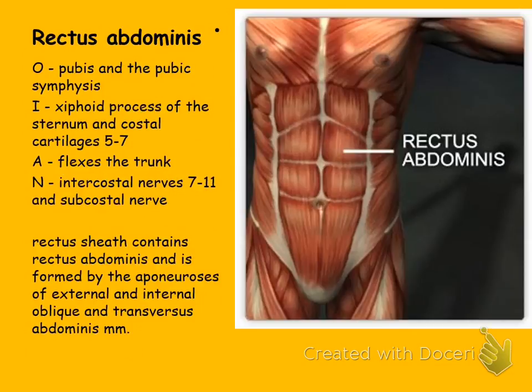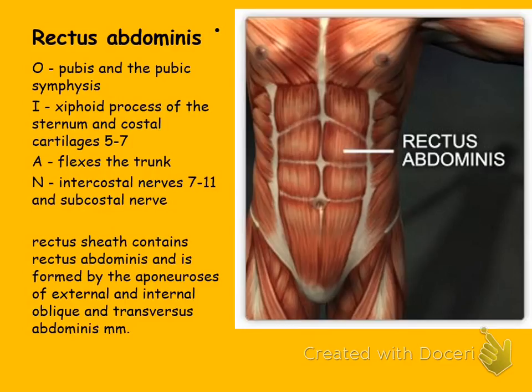Rectus abdominis. This is part of your abdominal training mechanisms, your sit-ups. Rectus abdominis gives you the six packs that you want. It originates from the pubis and the pubic symphysis all the way up to the xiphoid process.